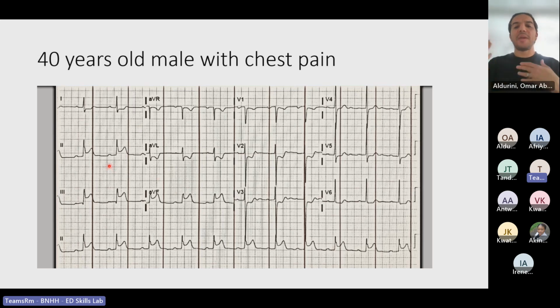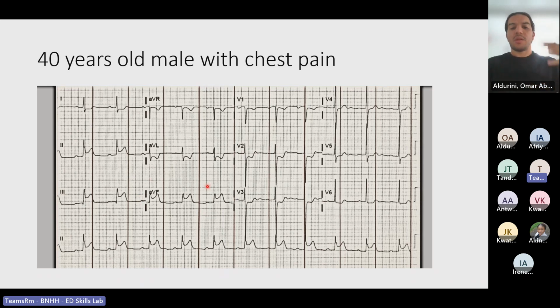And this mirroring effect supports an acute ischemic change. If I can see a mirroring effect, then this gives me a high suspicion that this change is acute. Because if I lose this mirroring, this might mean that this is not a significant change or not an acute change.